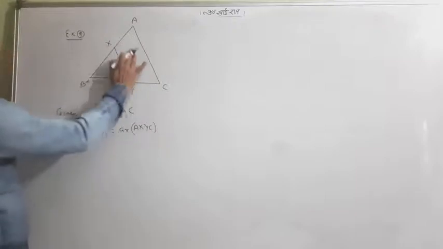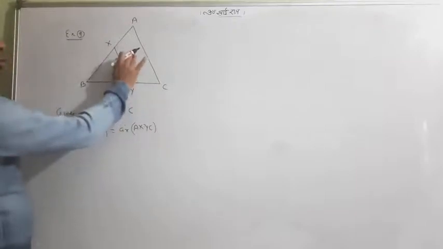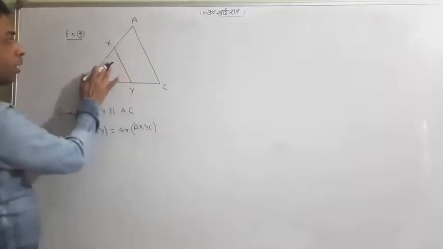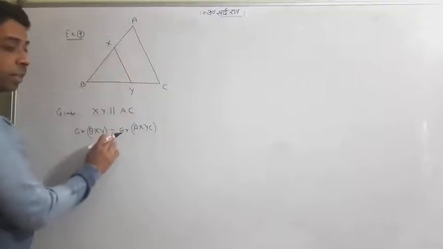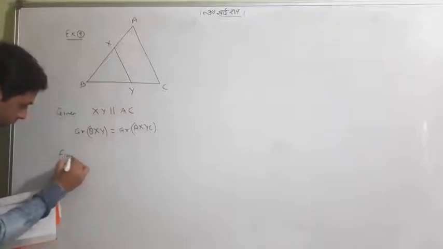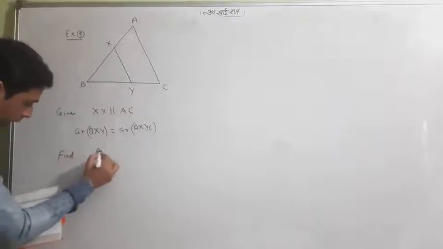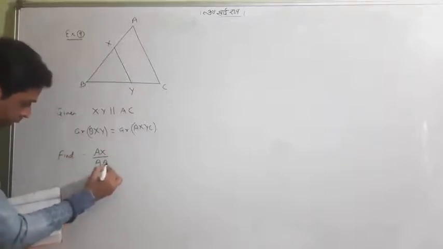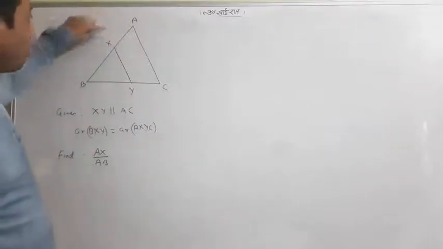This quadrilateral, or trapezium, and this triangle are equal in area. It is given. What do we need to find? We need to find the ratio of AX and AB. I want to find AX upon AB.